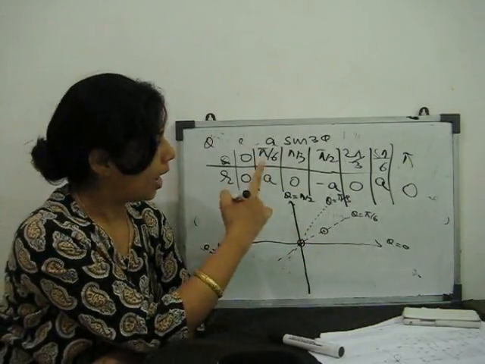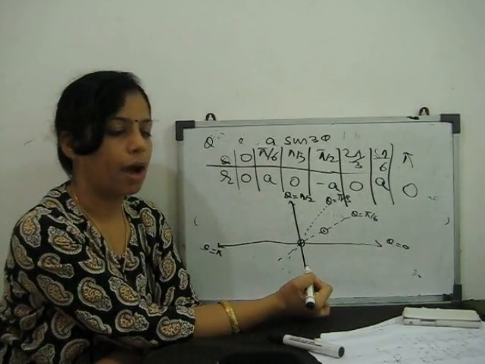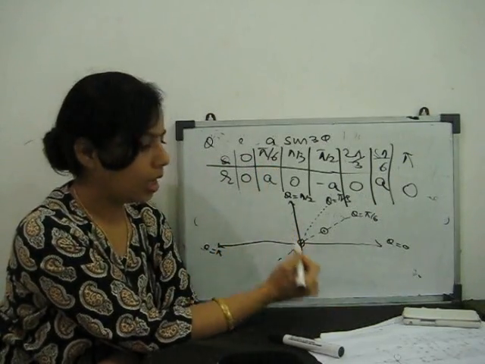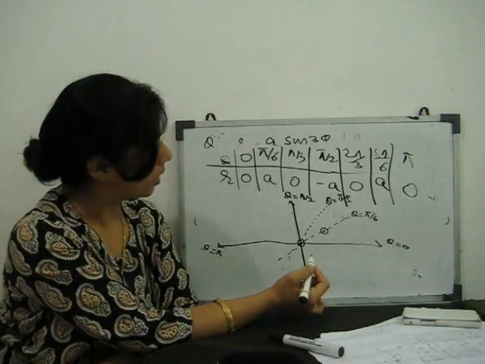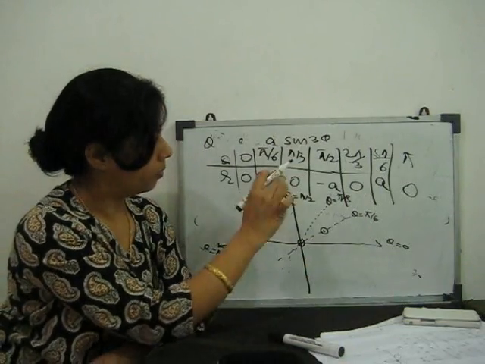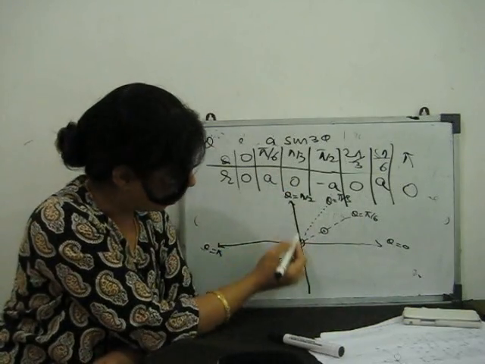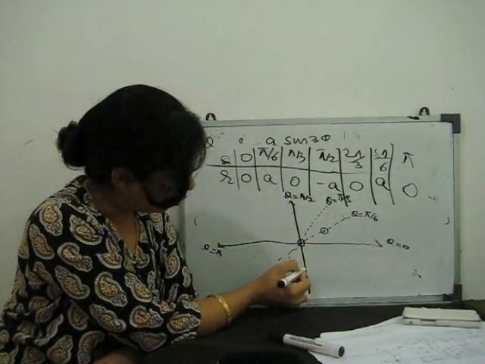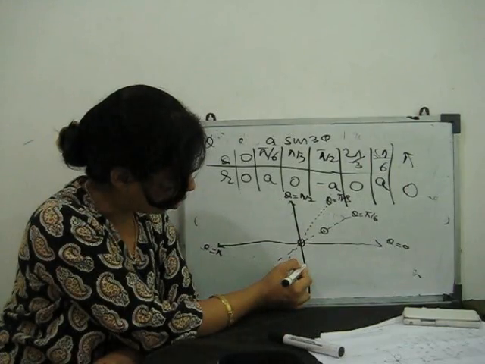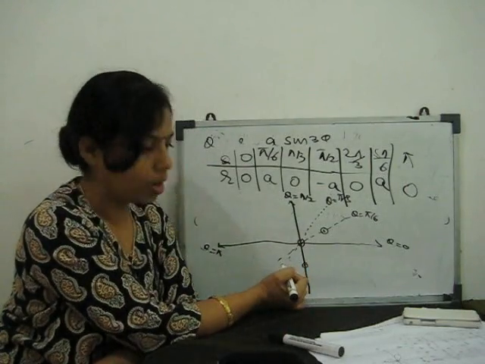Next, at pi by 2, r is minus of a. This is pi by 2, this is minus of a, this way point.